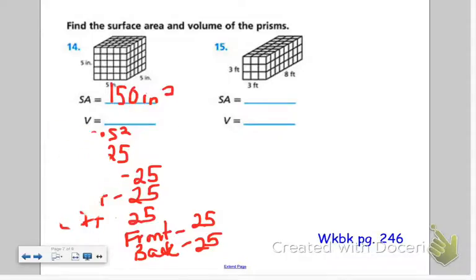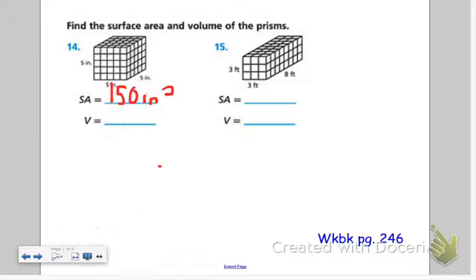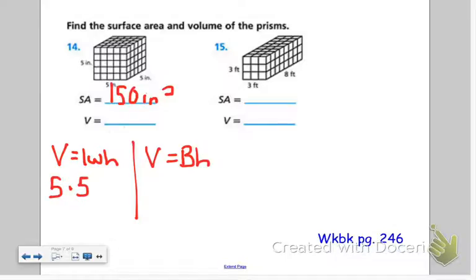Now, if I use that same idea with volume, let's see, there are 2 ways to look at it. One way is to do length times width times height. The other way is to do the area of the base times the height. So the length is 5, the width is 5, the height is 5. 5 times 5 times 5 is going to give me 125. Or I can do it this way.